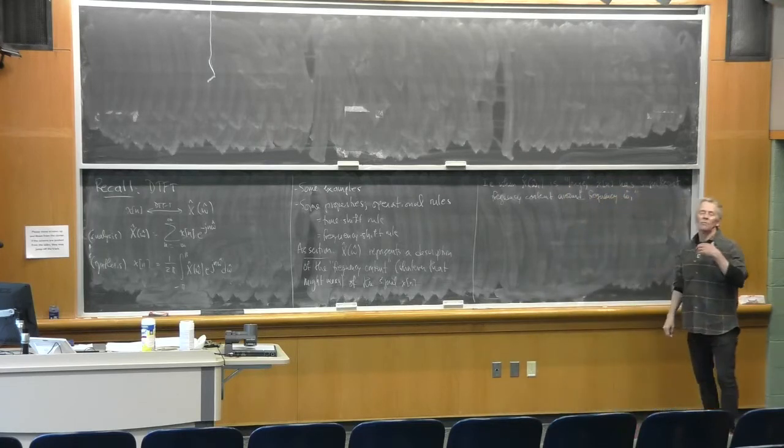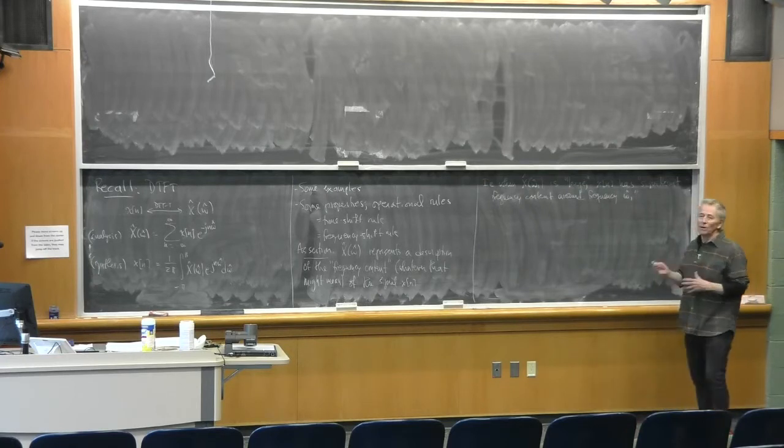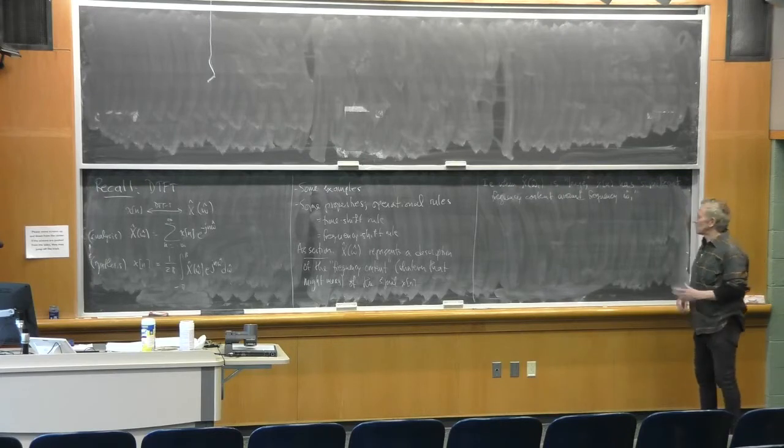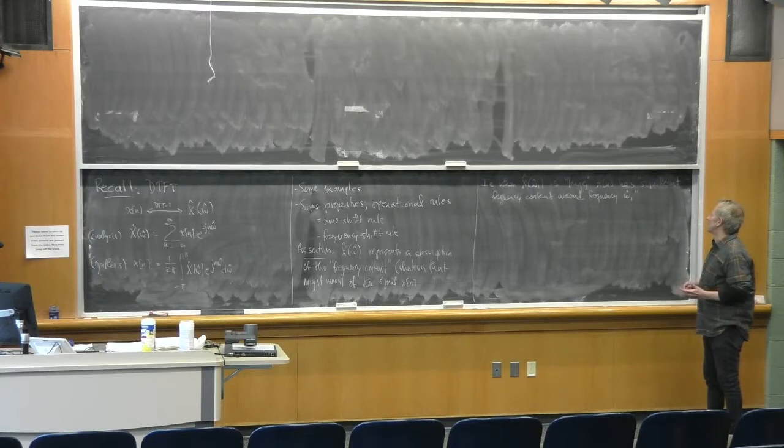And if x hat of omega 1 hat is small, then x of n has a low or insignificant amount of frequency content around omega 1 hat. That's what I mean by x hat representing the frequency content of x of n.